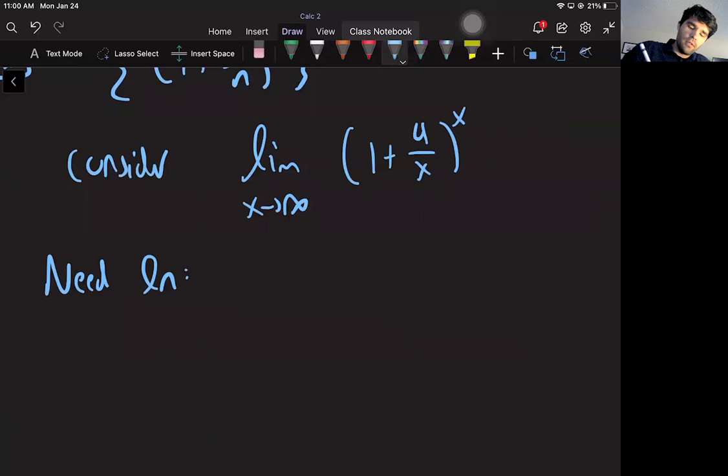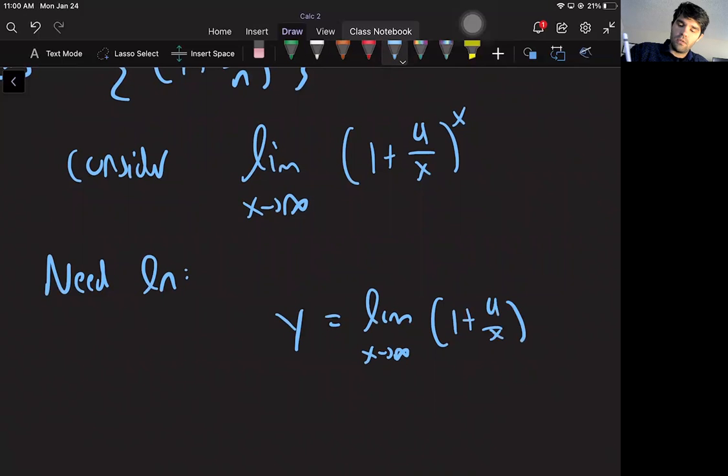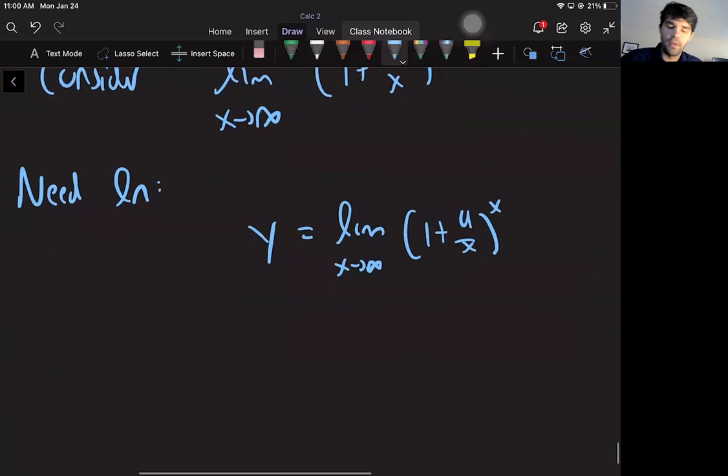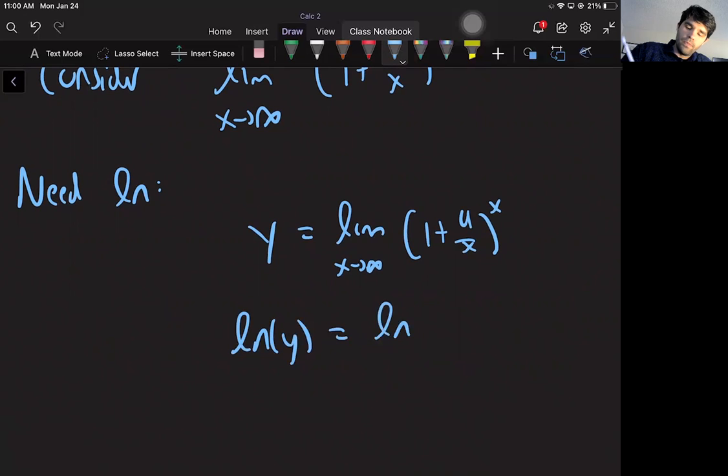You would set this equal to some other variable, whatever you want to set it to. I'll call it y. And then you would take the log in order to bring down that power of x. Whoops. Put that limit in there, sorry.